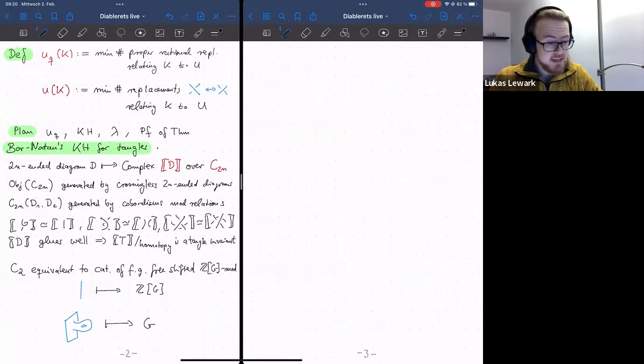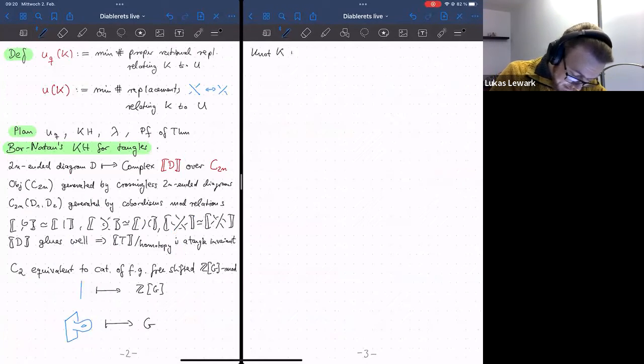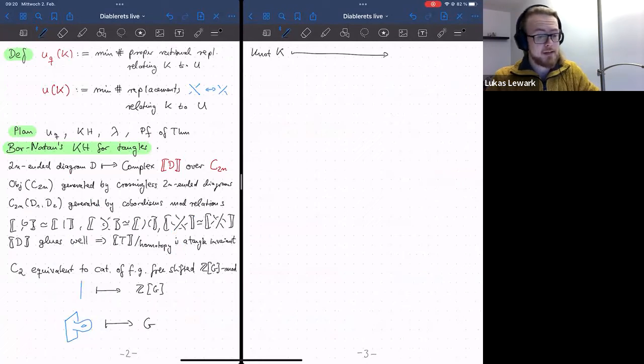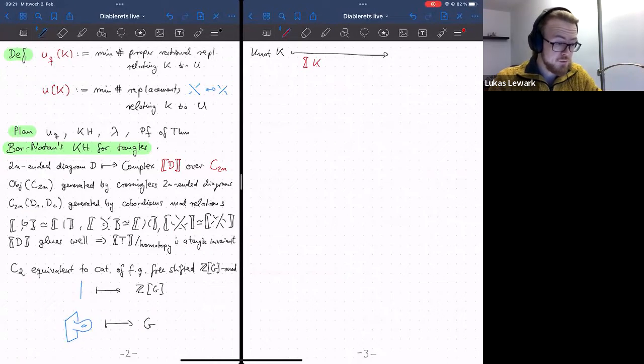And so now we have decided to work with C2 instead of C0. How do we get a knot invariant? Well, simple. We take a knot and we just cut it open at some point, at any point. And then when we've cut it open, we've got a two-ended tangle. And we can take the Bar-Natan complex of that, which is over C2.